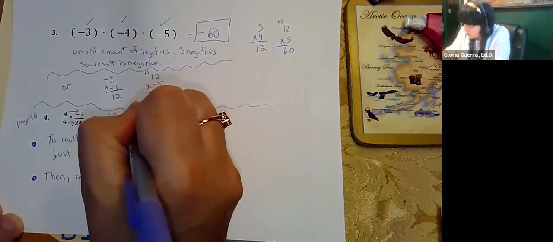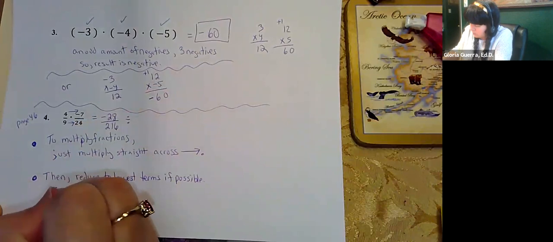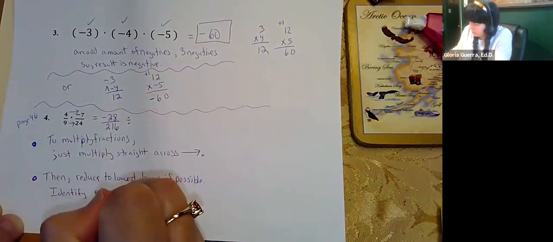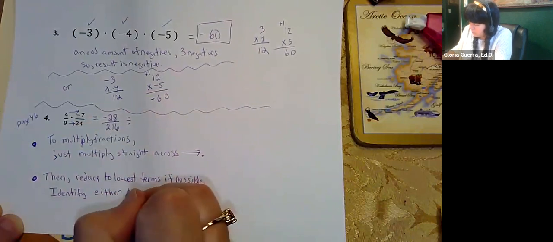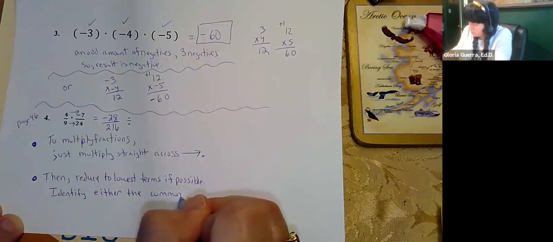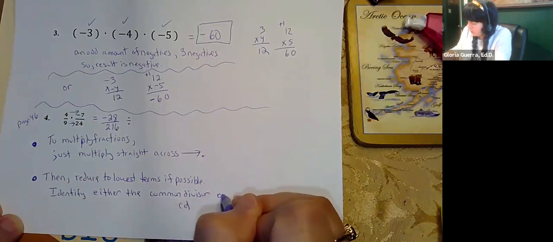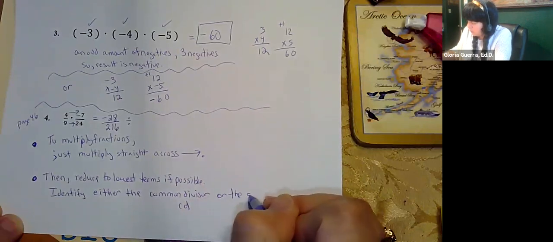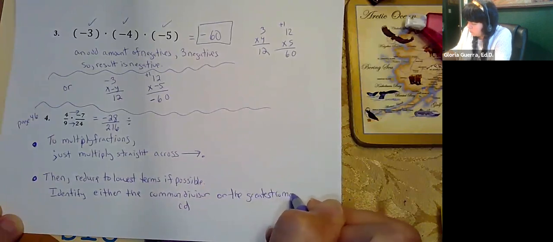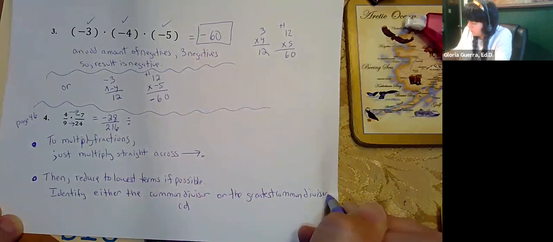So you want to reduce to lowest terms, and you want to identify either the common divisor, which I'll call CD, or the greatest common divisor.